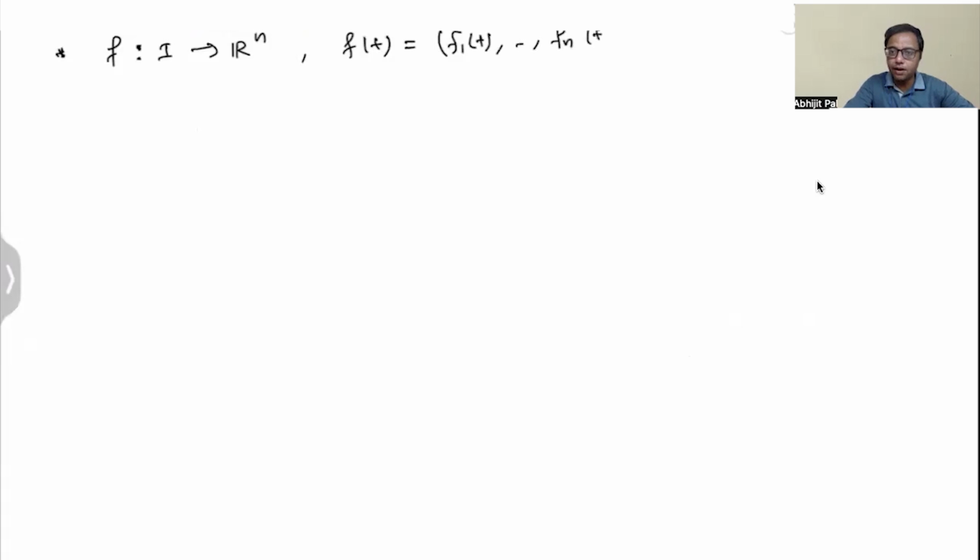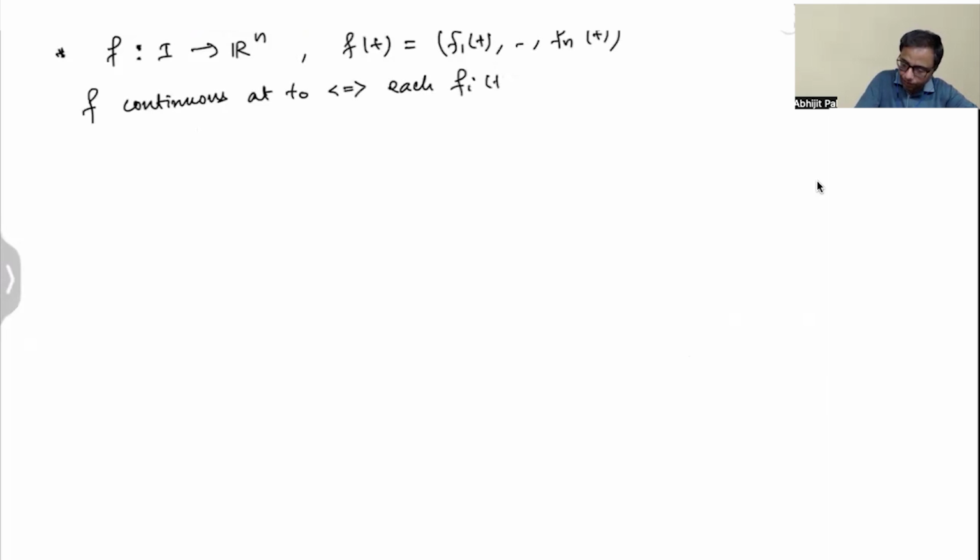So this f1, ..., fn are the component functions of this f. So f is continuous at t naught if and only if each of this fi, i equals 1 to n, is continuous at t naught.